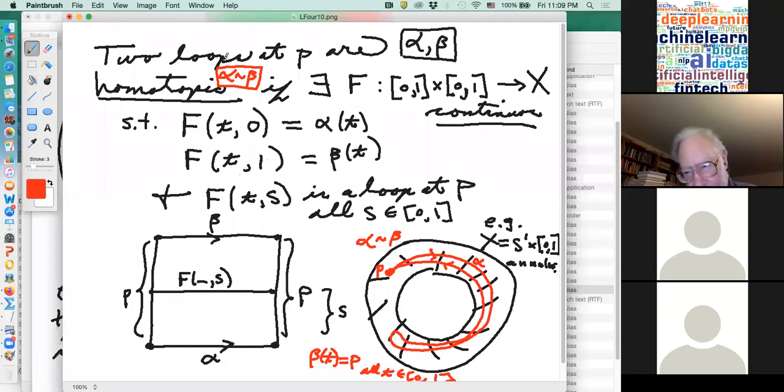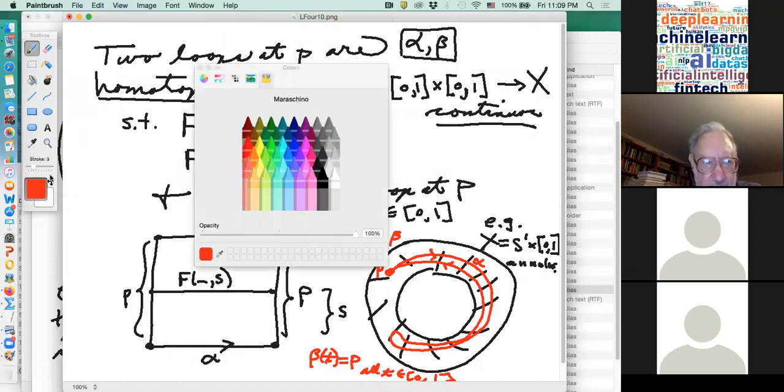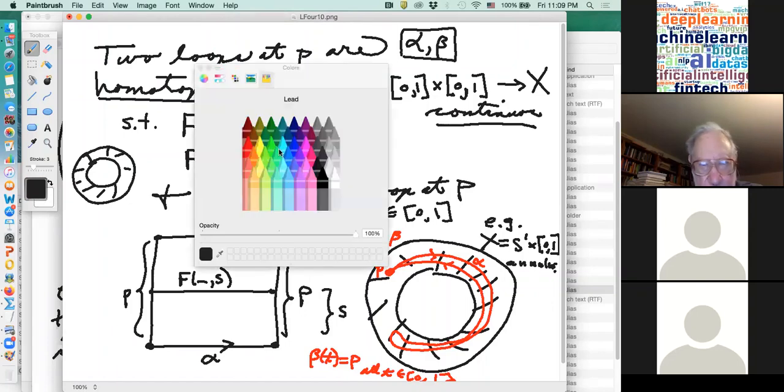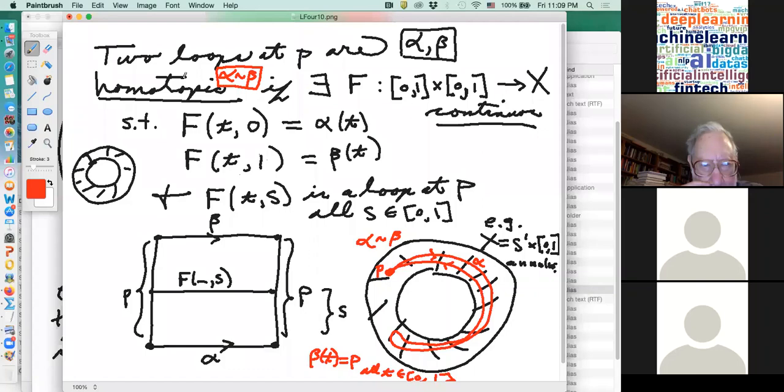I'm going to let myself deform them. But of course you see that it's quite possible to have another situation, like the same annulus here, and another loop which is not likely to contract at all. We could start at the same base point and go all the way around and come back.